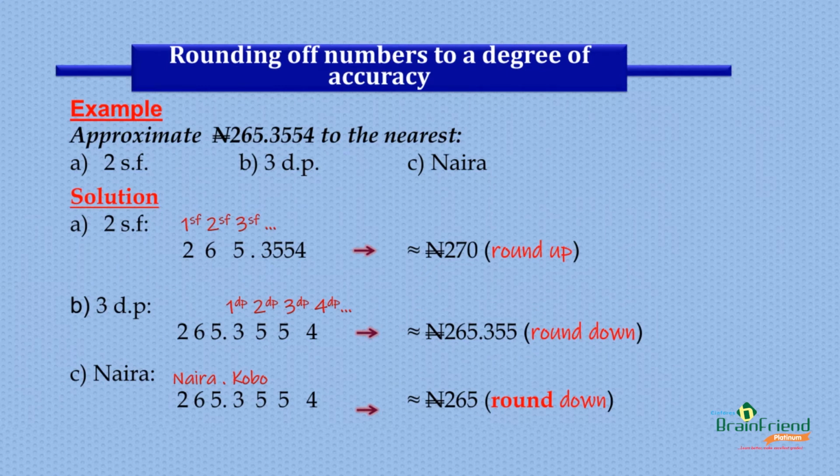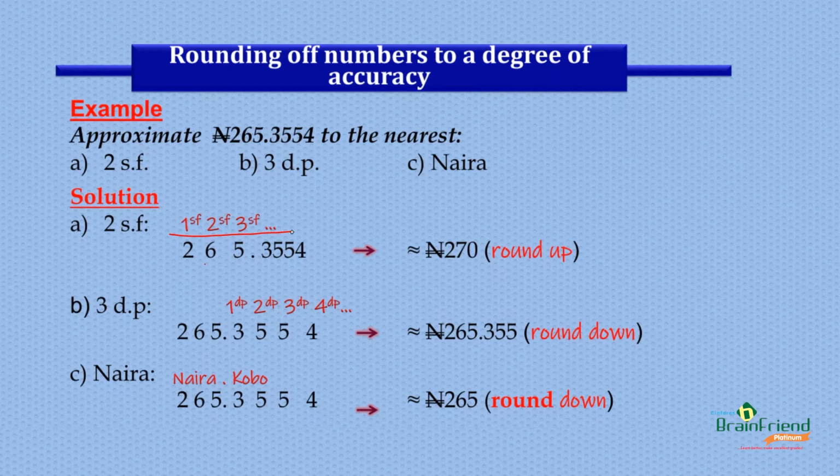Approximate 265.3554 naira to 2 significant figures, 3 decimal places, and the nearest naira. First, for 2 significant figures, just like we had in the previous example, it is also important to set out your numbers in this manner, just so that you don't make mistakes.